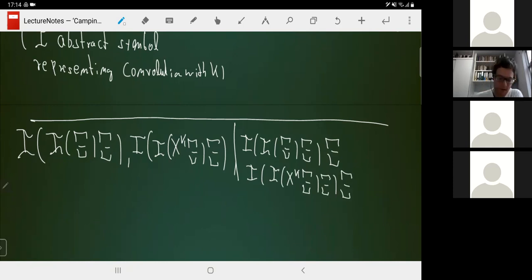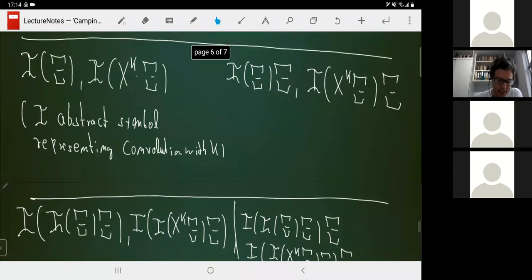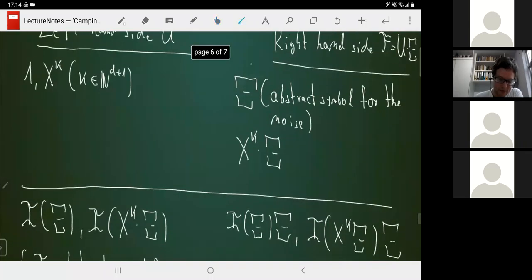Okay. I mean, you need to accept a little bit that we have these two additional symbols, this guy and this guy. But if you think about it, these also don't have any real meaning, right? They're kind of placeholders. They just turn into concrete objects once we make out of these a polynomial function.